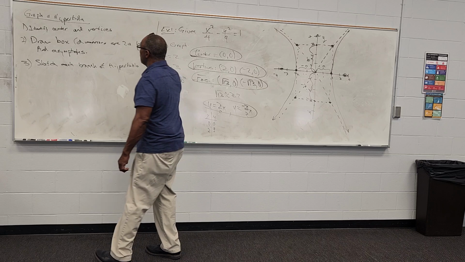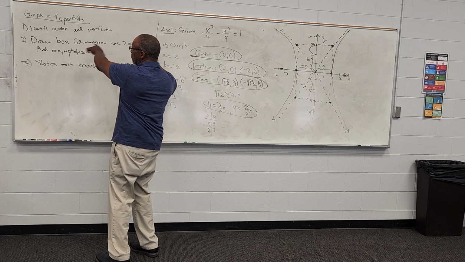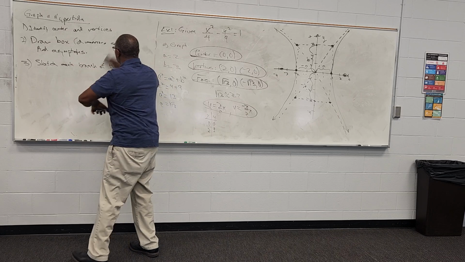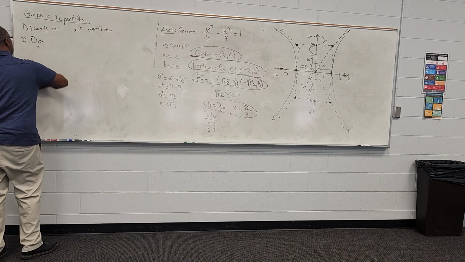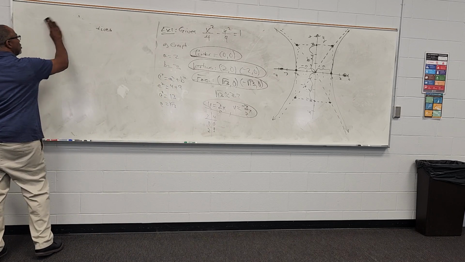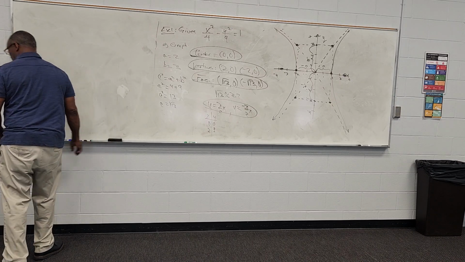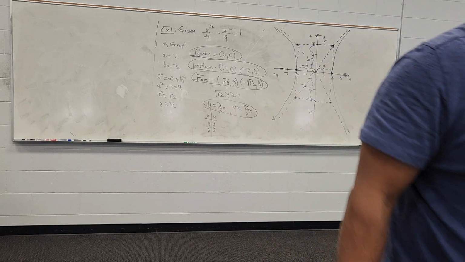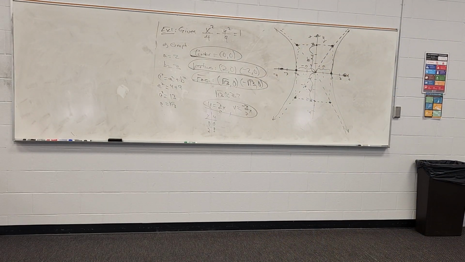So again, identify center and vertices, draw your box. Your box will help you draw your asymptotes, and then those asymptotes and the vertices will help you sketch the two halves of the hyperbola. Okay? So that's how we're going to graph these hyperbolas.